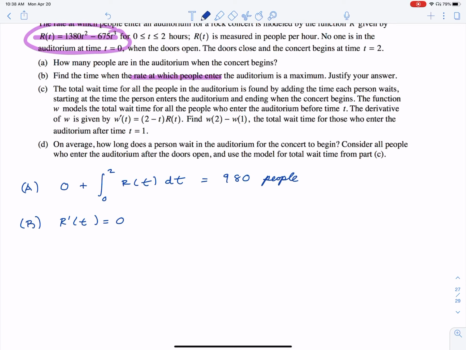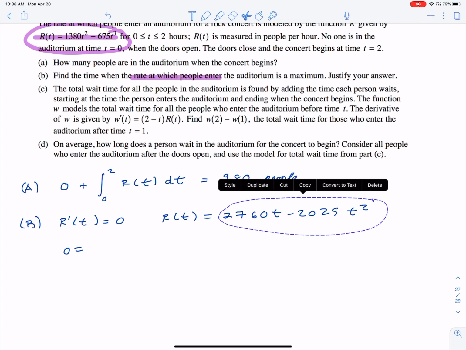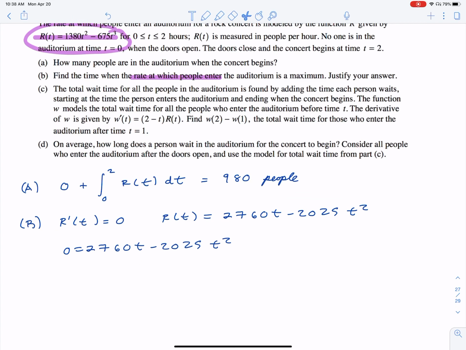Since my calculator doesn't do this, r prime of t equals 2760t minus 2025t squared. I'm going to set that equal to 0, and then use my graphing calculator to determine what that value is.